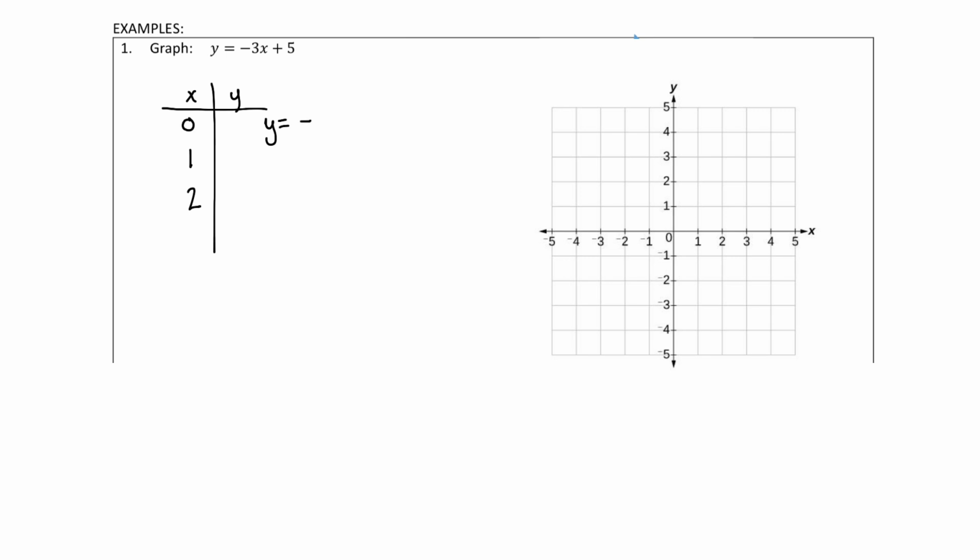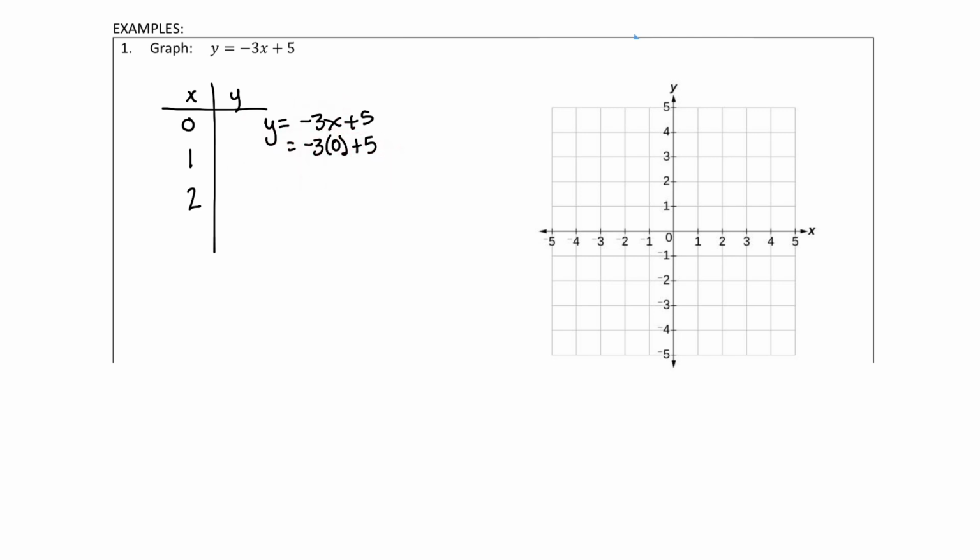So y equals -3x add 5. And I'm going to put in x is 0. This is what I get, right? When I write it to show my work, I'm not going to write this, I'm just going to write this.